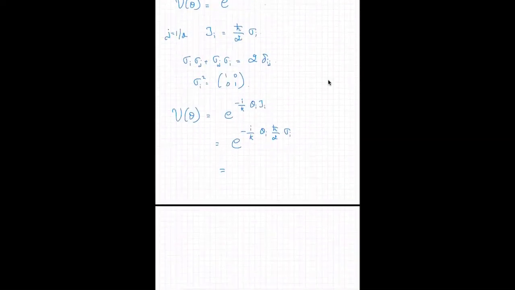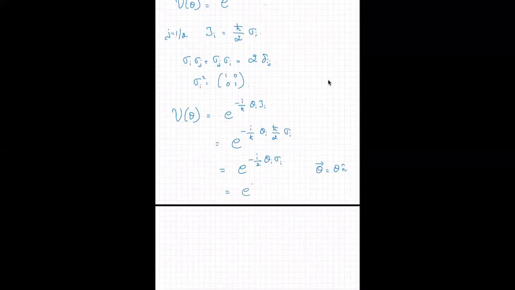The h bar cancels, and this is equal to e to the minus i over 2 theta_i sigma_i. Okay. Now, theta_i is actually a vector the way I have defined this. But instead of writing theta vector, I will write this as the absolute value of the theta vector, which is theta, the actual amount of angle by which I rotate, times the unit vector in some direction n. I don't know what the direction is, but it is some unit vector n cap.